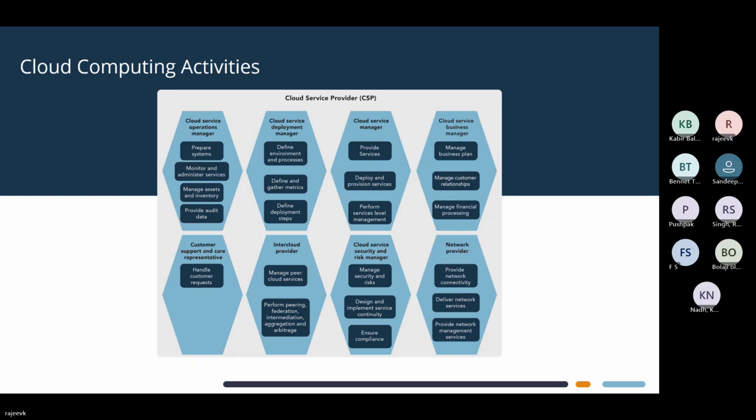Guys, as per NIST, how many roles are there? We just discussed this a few minutes back. Five roles, yeah. And what are those roles? The auditor, consumer, provider, broker, and there is one more.